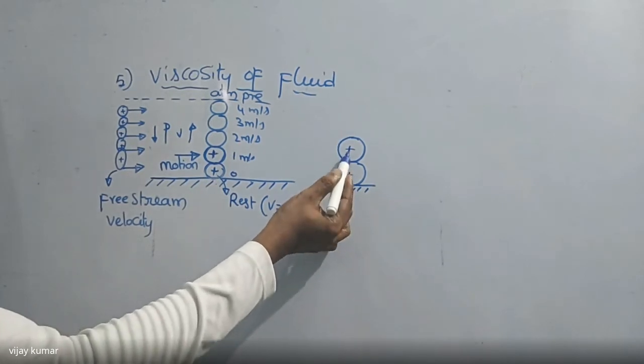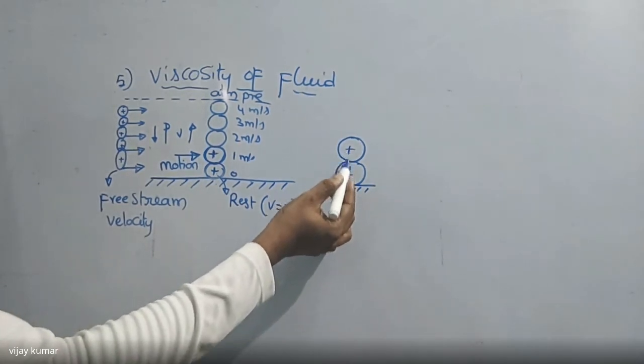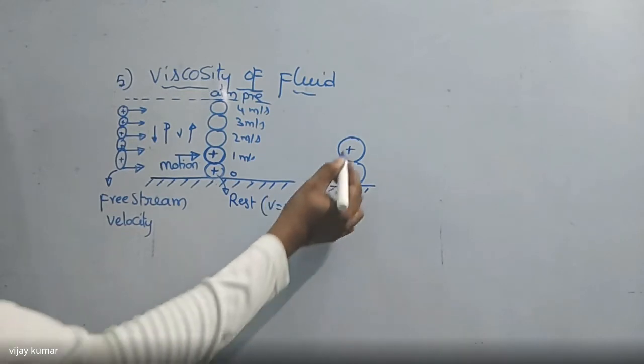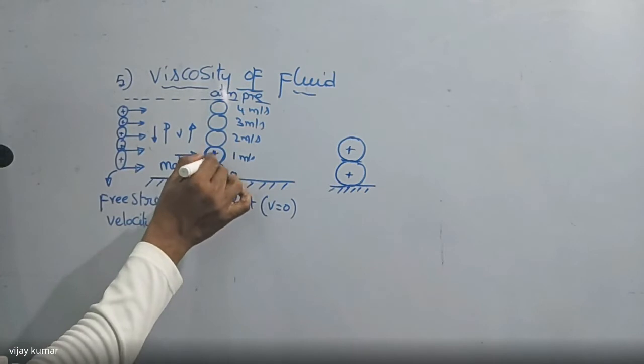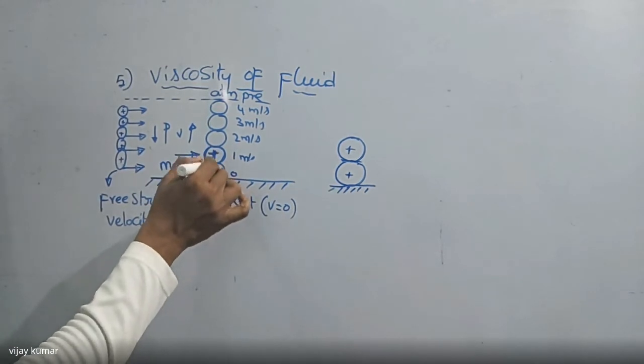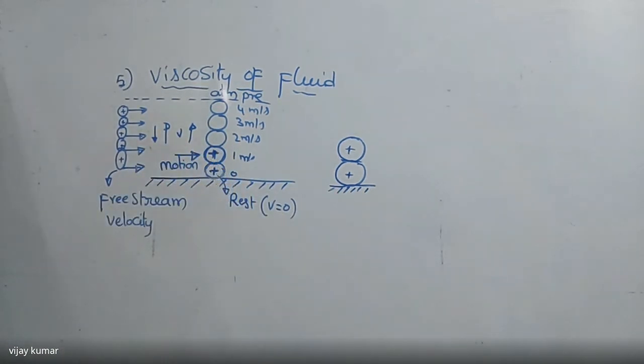Because these two are in contact with each other. These two particles are the same particles. Then the force of attraction between two same particles is named cohesive forces.